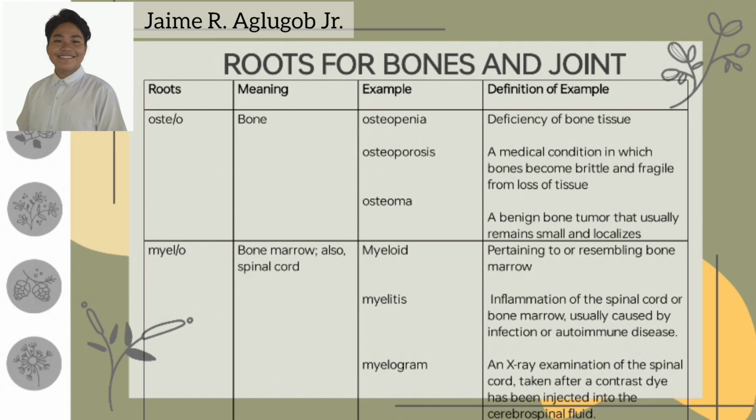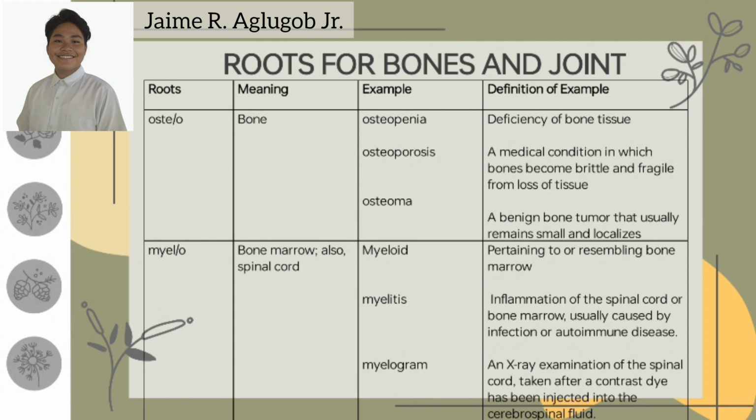Myelitis, from the word itself, myel, which is bone marrow or spinal cord, and itis, which means inflammation. The definition of myelitis is the inflammation of the spinal cord or bone marrow, usually caused by infection or autoimmune disease.